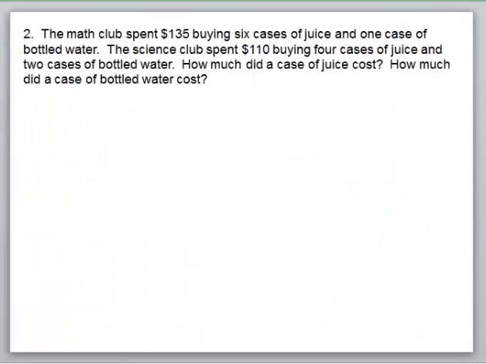My next example, I will not get through the entire thing, but I will go ahead and set up the problem. It says the math club spent $135 buying 6 cases of juice and 1 case of bottled water. So I'm going to use J for juice, and I'll use W for water. So they spent $135 buying 6 J's plus 1 case of water.